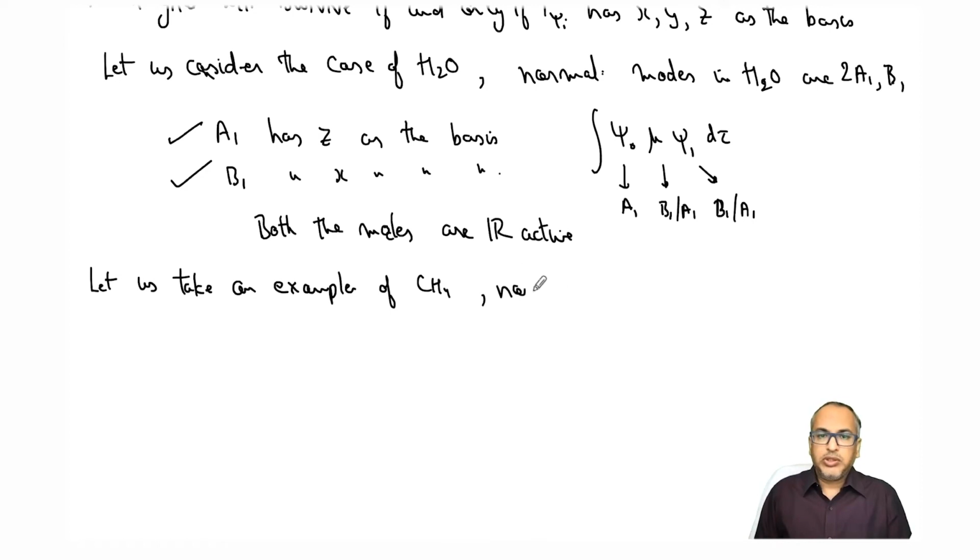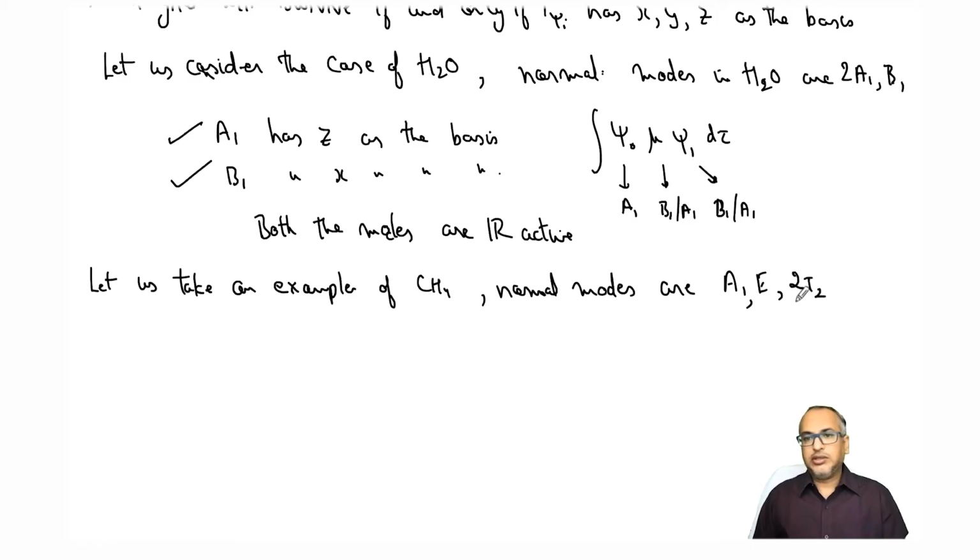So the normal modes, we have not calculated in this class for this case, but I would suggest you do it as a home assignment. The normal modes are A1, E, and 2T2.